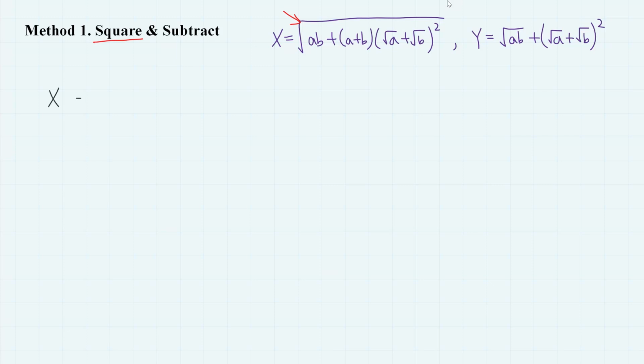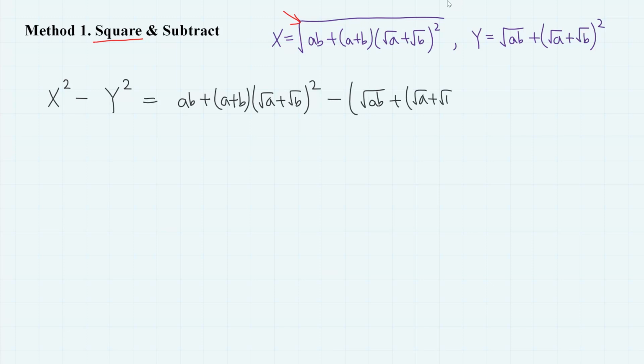So instead of the usual x minus y for many comparison problems, we do x squared minus y squared, where x squared is ab plus (a plus b) times (square root of a plus square root of b) squared, and we have y squared, so square root of ab plus (square root of a plus square root of b) squared, squared. Here, let us expand this y part for now.